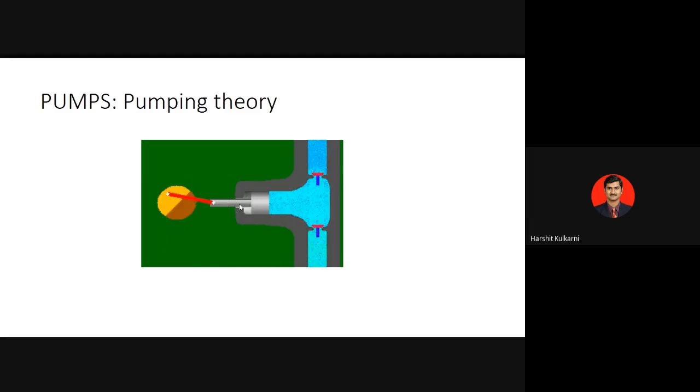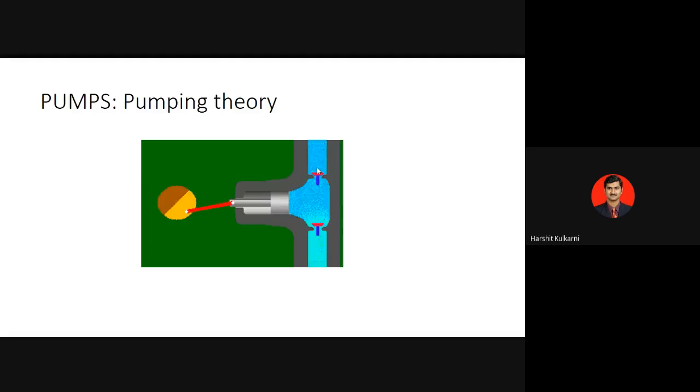Once the piston starts moving from LHS to RHS, this valve will get closed. It will be seated back in its position because of the arrangement over here, and the oil will have no space to come out here, so it will start entering up. So every time a fixed quantity or volume of fluid is sucked inside and the same quantity of fluid is pushed outside.